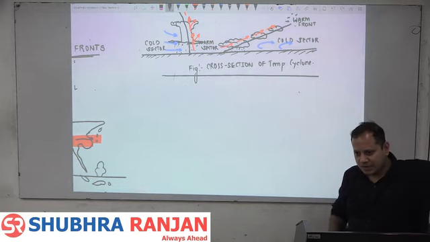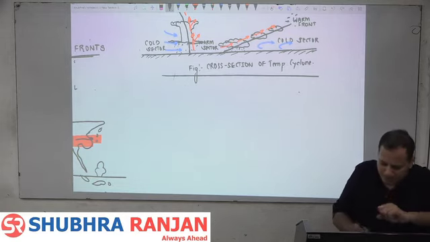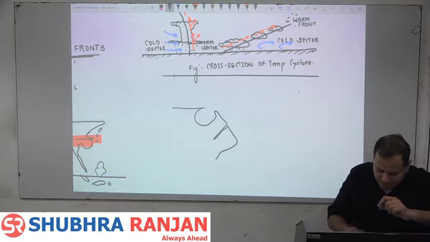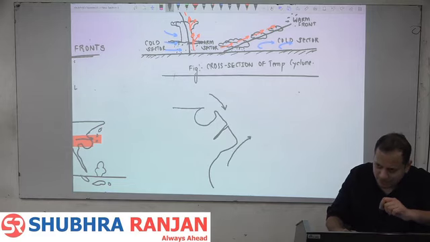Understanding Northwest Atlantic, near North America. Why? This is the region we are talking about. Because cold Labrador current and therefore cold air mass. Warm Gulf Stream and therefore warm air mass. Getting it?